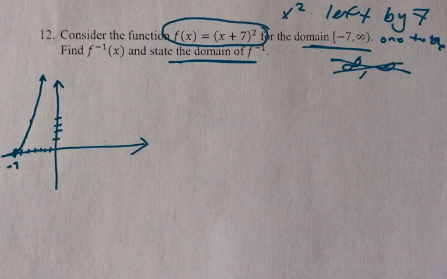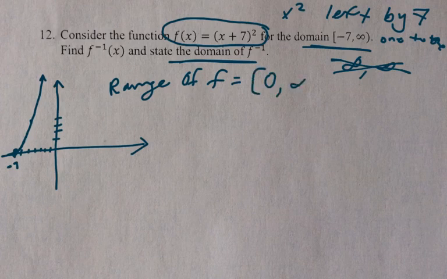So one thing we can note is that the domain of the function is [-7, infinity). And if we look at this, the range of f is equal to [0, infinity).